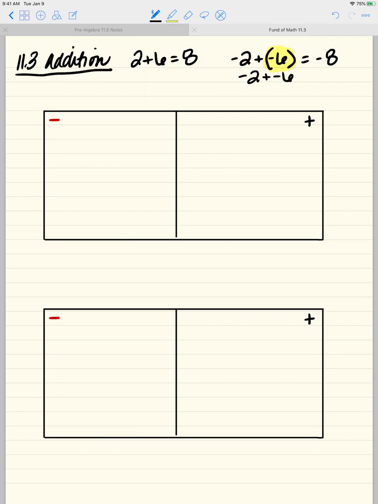And so we use the parentheses around the negative integer here to indicate that that is the negative and we are adding that negative integer to negative 2. It just helps to kind of separate the plus sign as an addition operation from the negative sign that is in front of the 6. Okay, so that's why I have parentheses there. Just want to explain that to you just in case you've never seen that before.